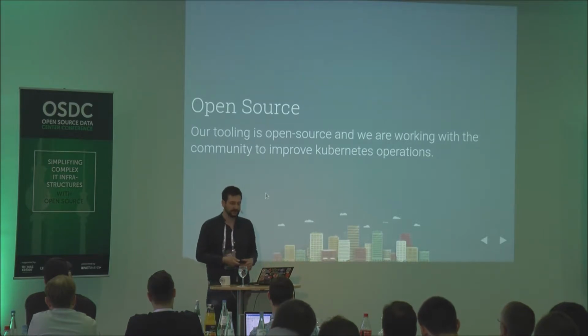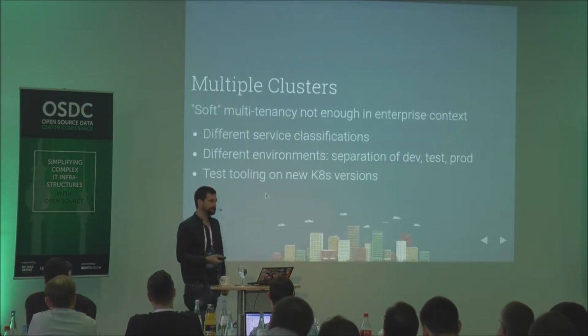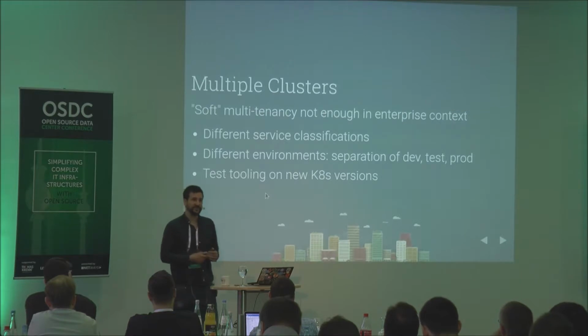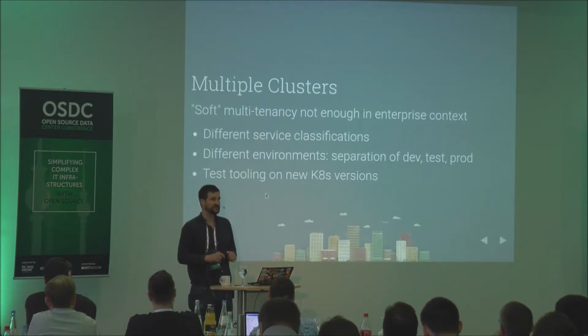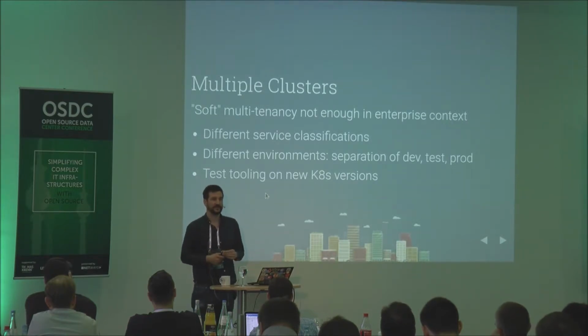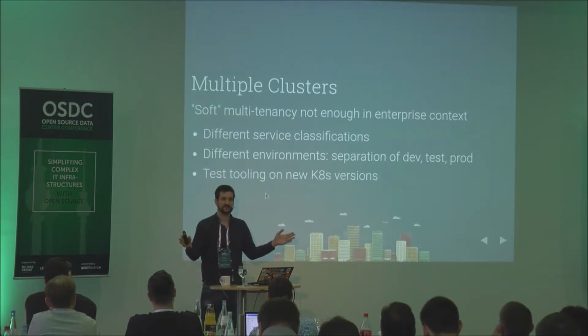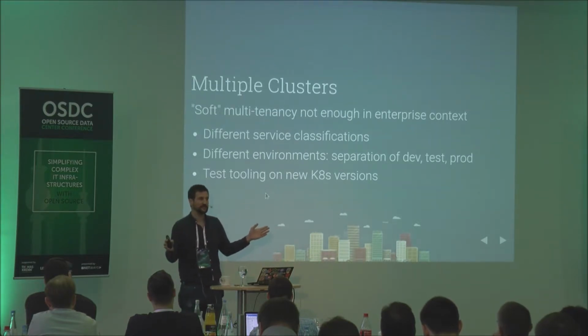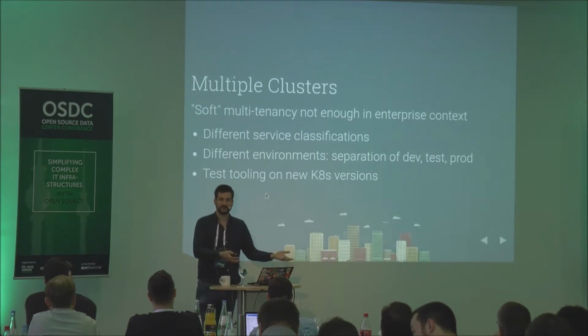So a little bit about the motivation for why we're provisioning multiple Kubernetes clusters. In a dream scenario, you would have just one Kubernetes cluster in your data center, and you can schedule all your workloads on this cluster.